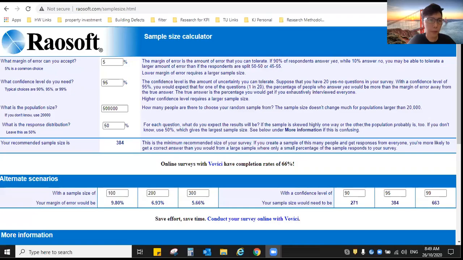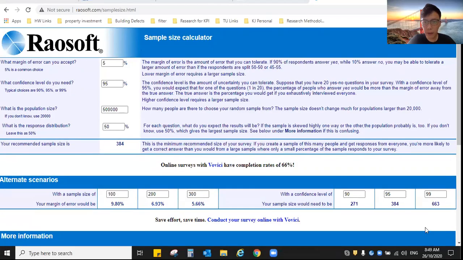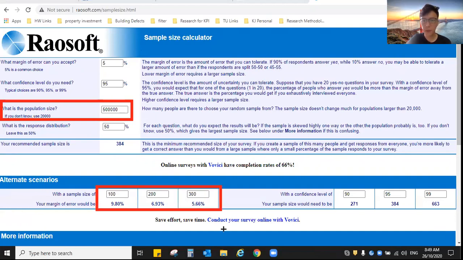This is one of the websites to determine your sample size. All of you, please wake up. Look at this. What is the population? This is what you need to do, right? And what is your sample size? Here. Don't bother about the others.